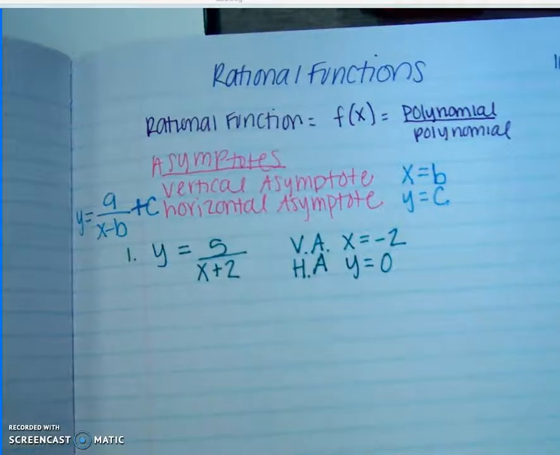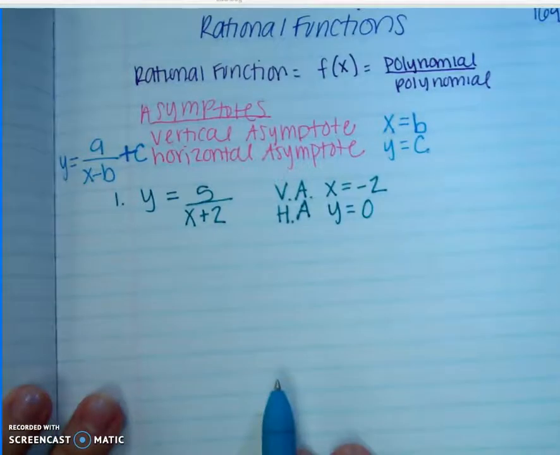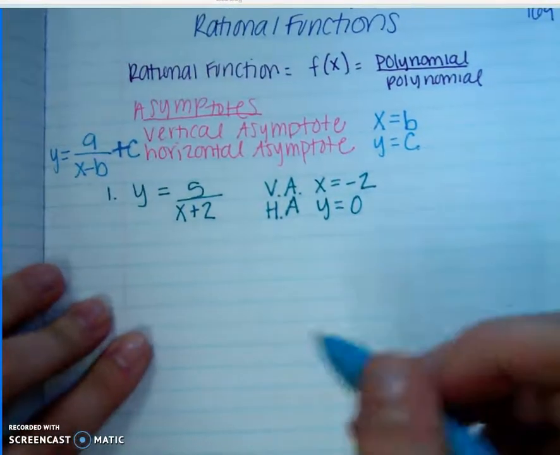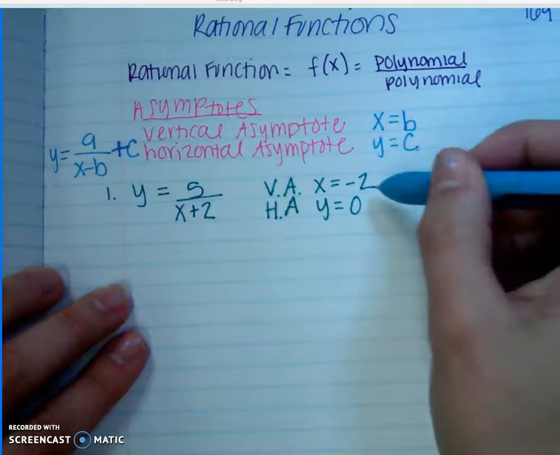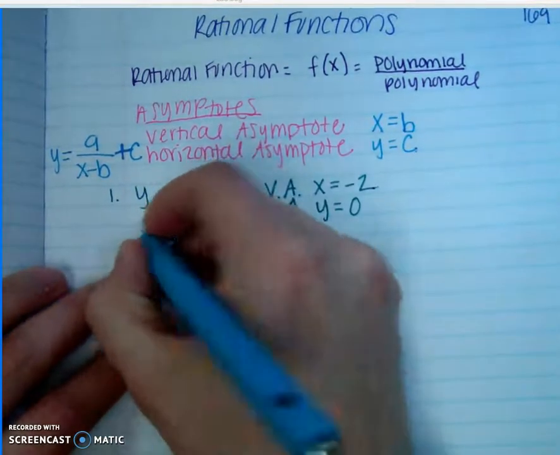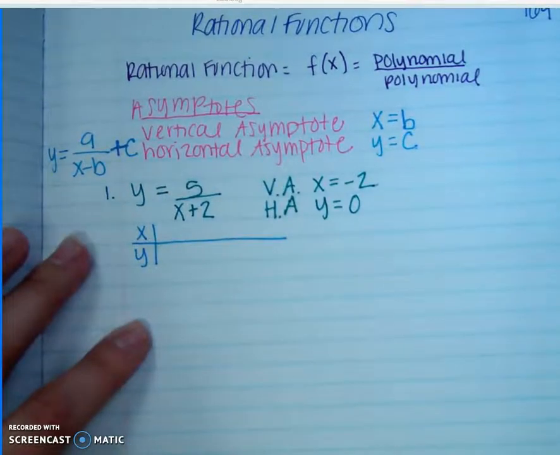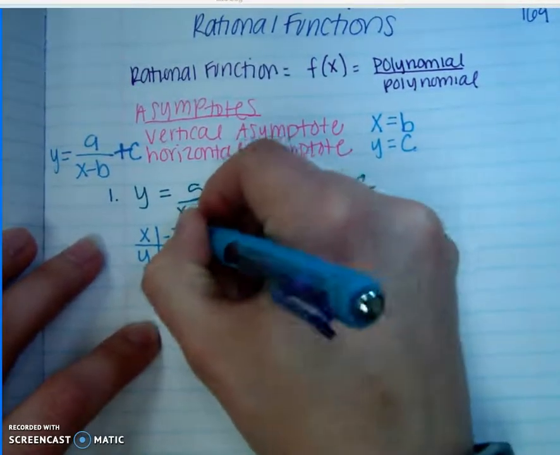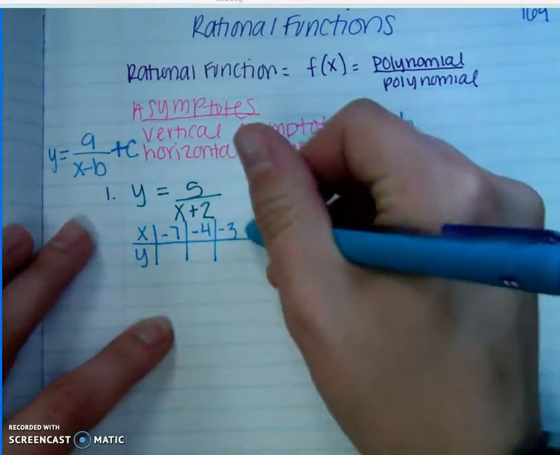Okay? Now let's see what it looks like to then graph it. Just like any other function or line, I'm going to pick values to create a table for some points. I'm going to select x values that are close to this vertical asymptote. So let's go from -7, -4, -3, -1.